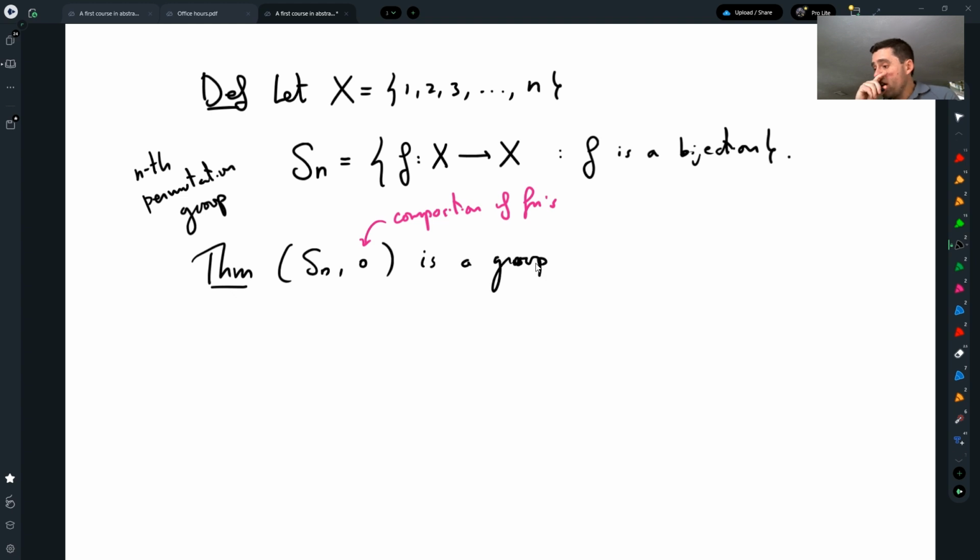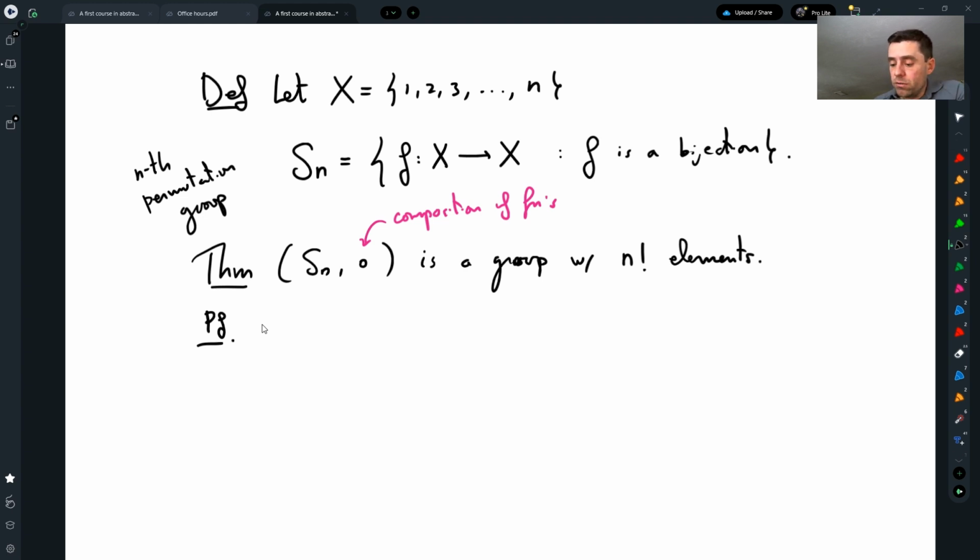It is a group, and we are actually going to count how many elements there are, and there is in fact n factorial elements. So it's a group that, for n, grows pretty quickly, because n factorial grows very quickly. So let me prove that the permutation group is in fact a group under composition.